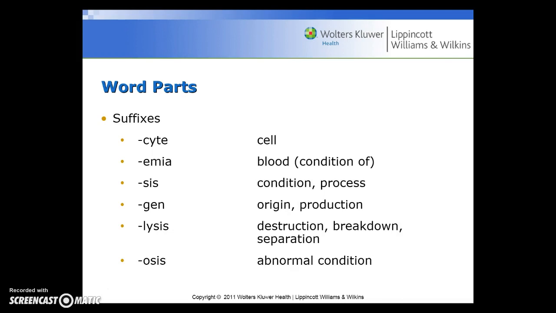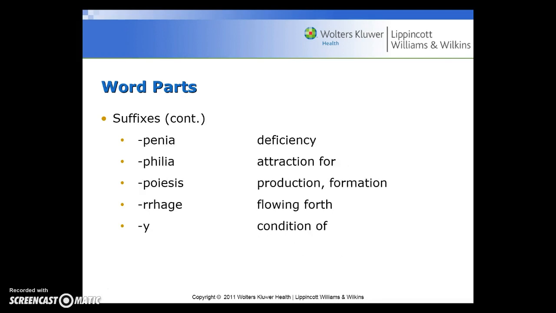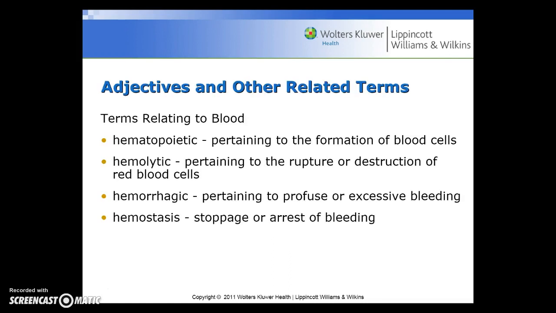Suffixes include cyte for cell, emia for a condition of the blood, osis for a condition or process, gen for origin or production, lysis for destruction, breakdown, or separation, penia for deficiency, philia for attraction for, poiesis for production or formation, rrhage for flowing forth, and y for condition of.